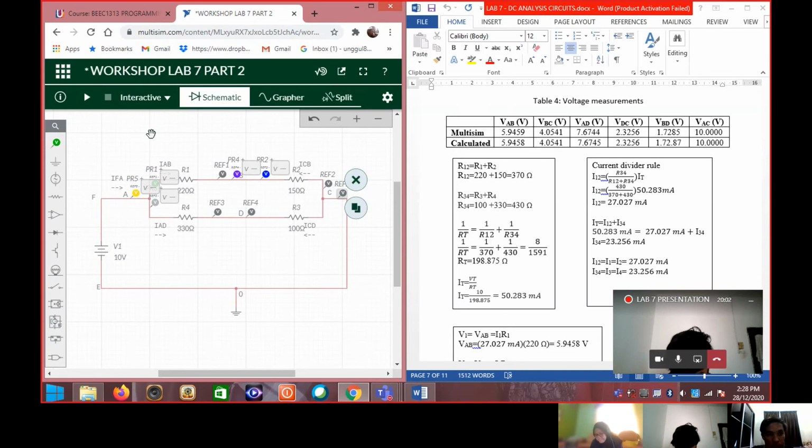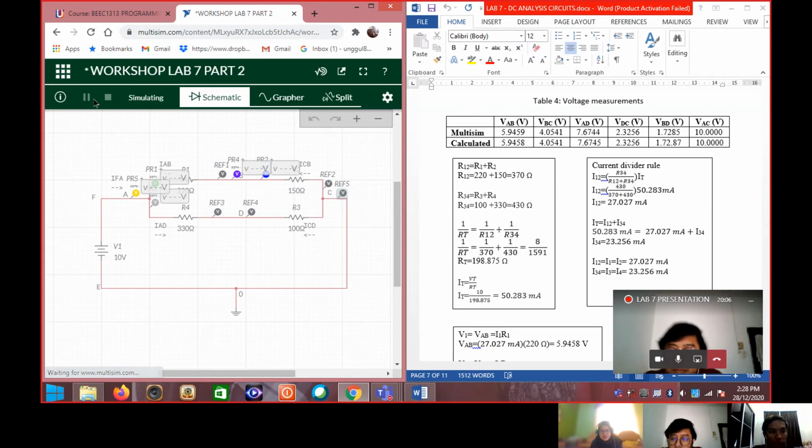These are the probes that need to be placed, and we must run the simulation to get the values.